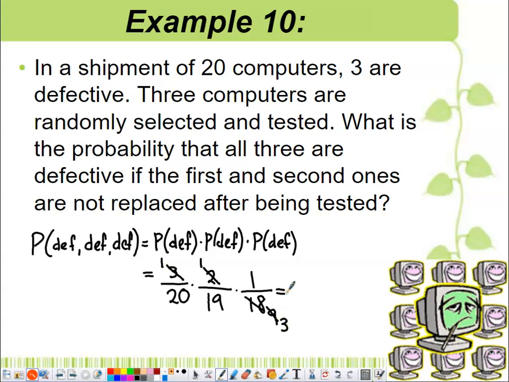So I can just go ahead and multiply straight across. So 1 times 1 times 1, I have 1. And then 20 times 19 times 3, I believe should get me 1,140. So this is 1 over 1,140. That is my final answer. Whew, goodness. Okay.